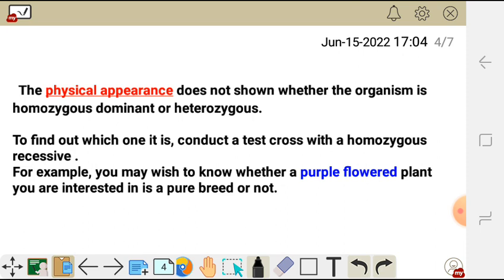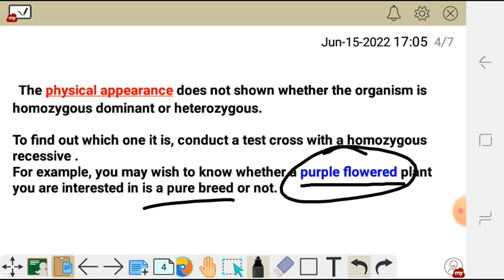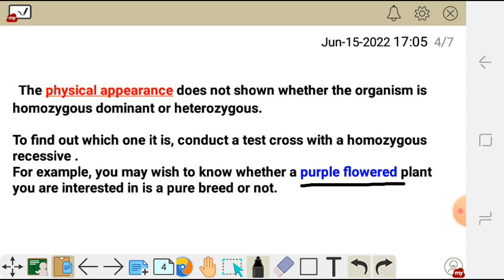heterozygous or homozygous. For example, you may wish to know the genotype of a purple flowered plant, whether it is pure breeding or not.